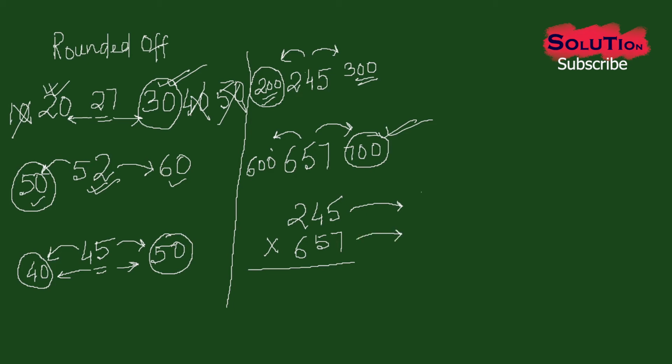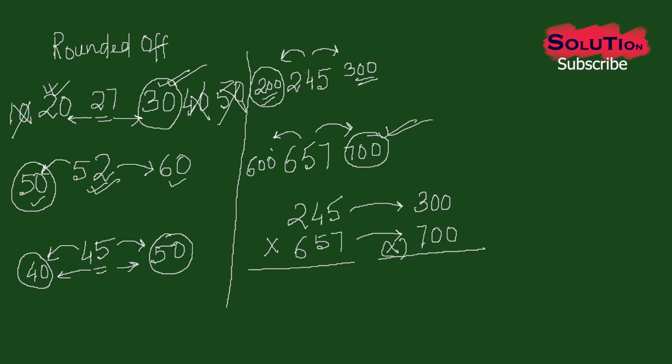So 245, if I round off, I can write 300, and 657, if I round off, then it becomes 700. This is my round off, and once I round off, the multiplication becomes easy.